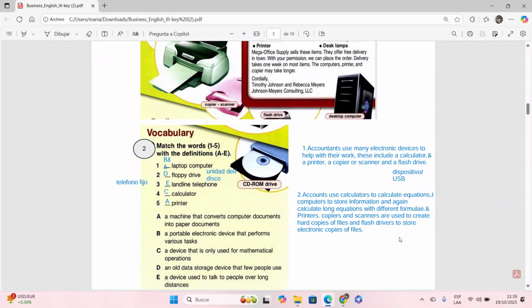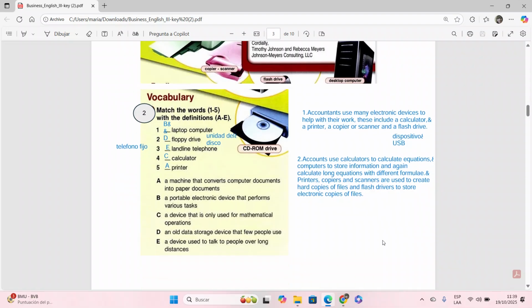Accountants use calculators to calculate equations, and computers to store information and calculate loan equations with different formulae. Printers, copiers, and scanners are used to create hard copies of files, and flash drives to store electronic copies of files.